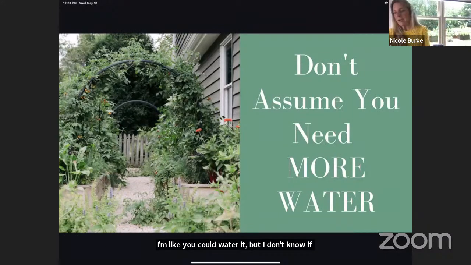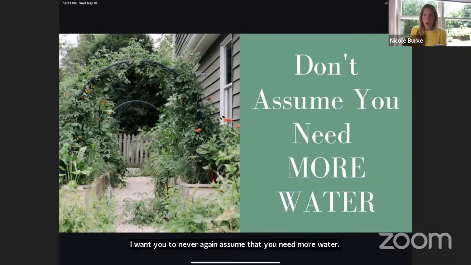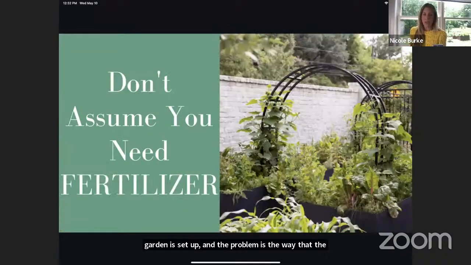So I want you to never again assume that you need more water. That's not always going to be your answer, okay? You don't always need more water. In fact, most of the time, you don't need more water. That is not the problem. The problem is the way the garden is set up, and the way that the plants are growing in, but not always water.